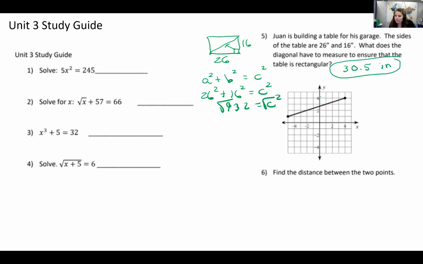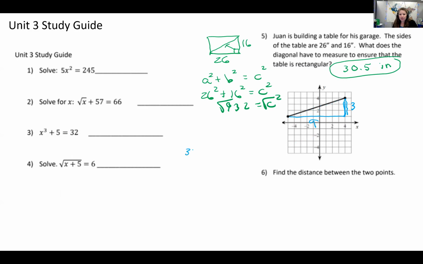All right. So number 6, find the distance between the 2 points. So I'm going to make a right triangle right here. So how tall is my triangle? It's 3 units tall. It's 9 units wide. So that represents the hypotenuse of my right triangle.